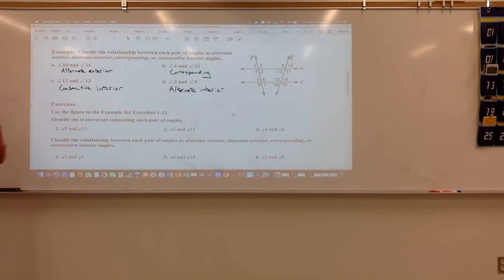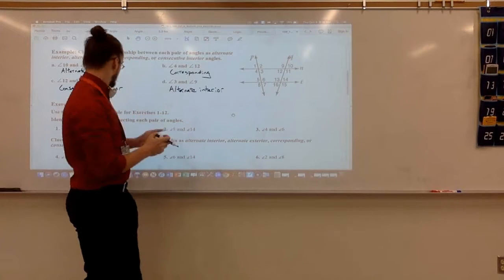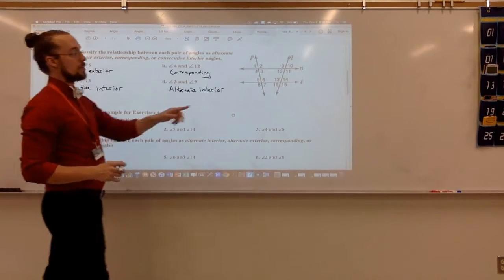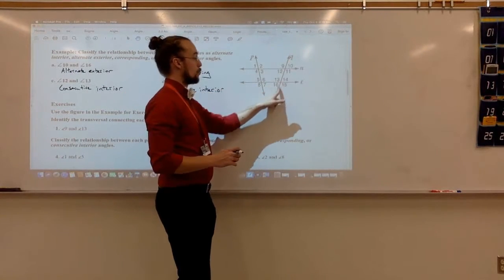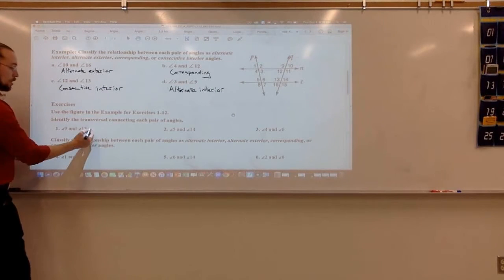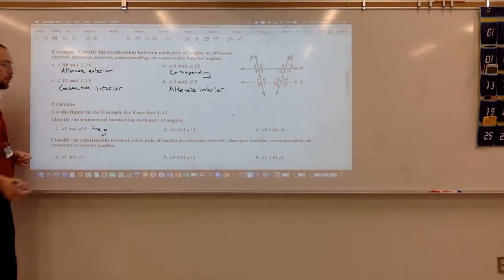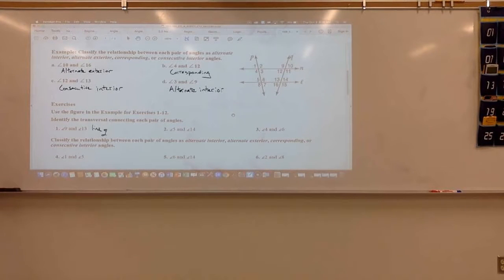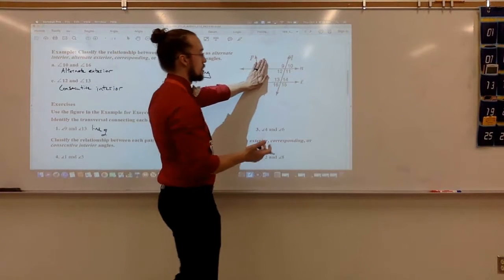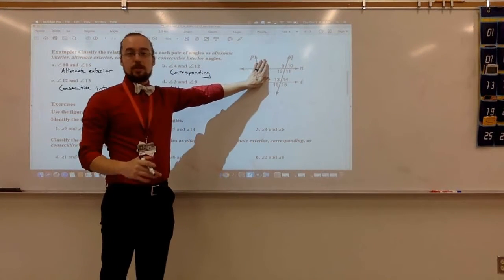The transversal is the line that goes through the other two lines. And so the transversal connecting angles 9 and 13 would be line Q. That's the line that both of those angles are on. So to answer this question, we would just say line Q. But if I wanted to identify that relationship, and if I cover this up, what would the relationship between 9 and 13 be?